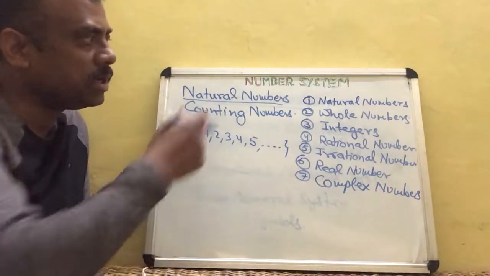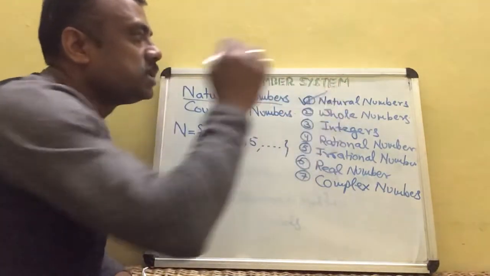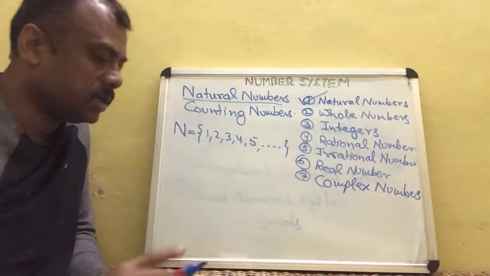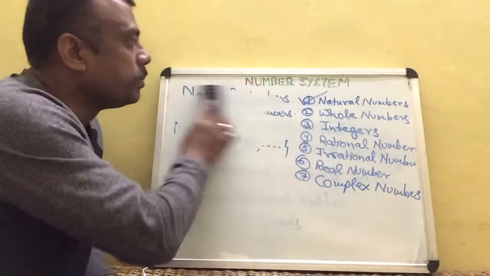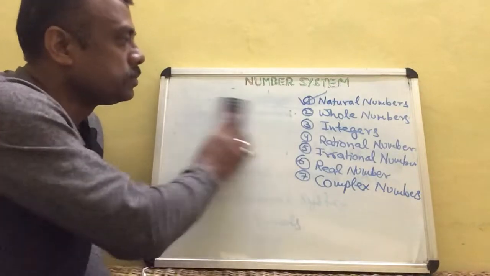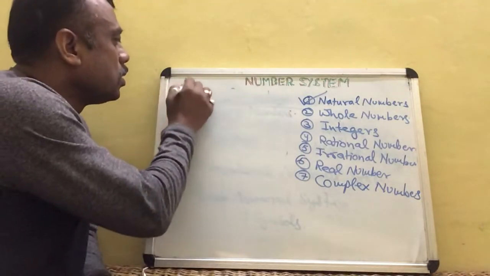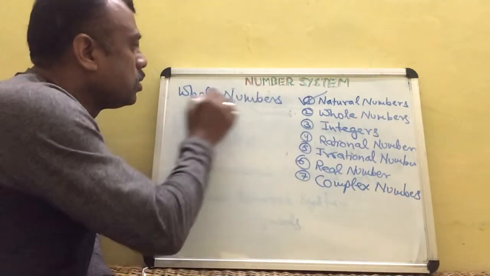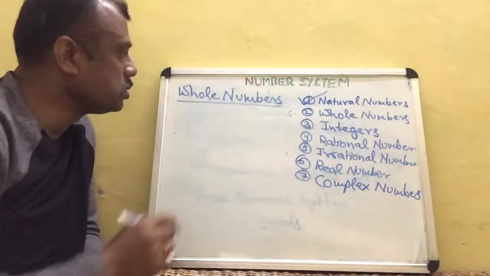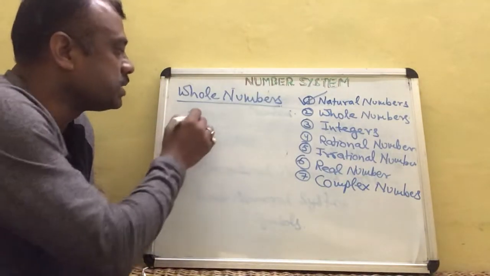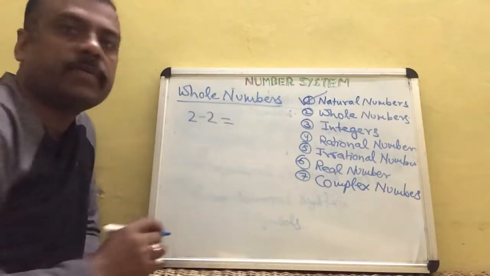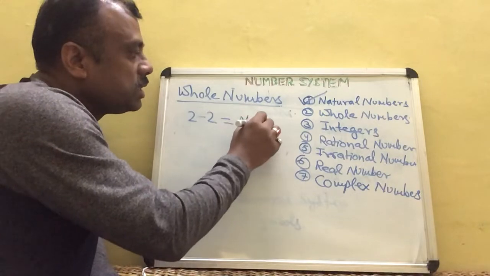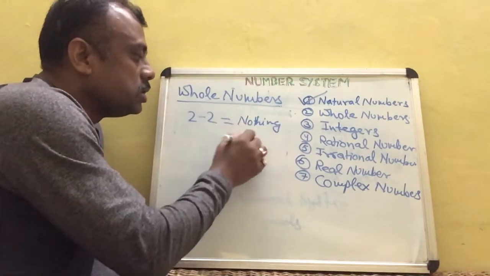After that, let us go to another number system, called the whole number system. For that, let us consider one problem. Suppose one number is given, 2, and I subtract 2 from 2. What will we get? We will get nothing, and this nothing is represented by 0.